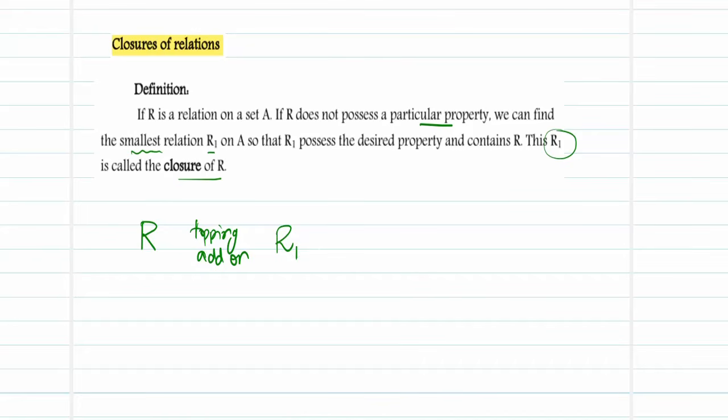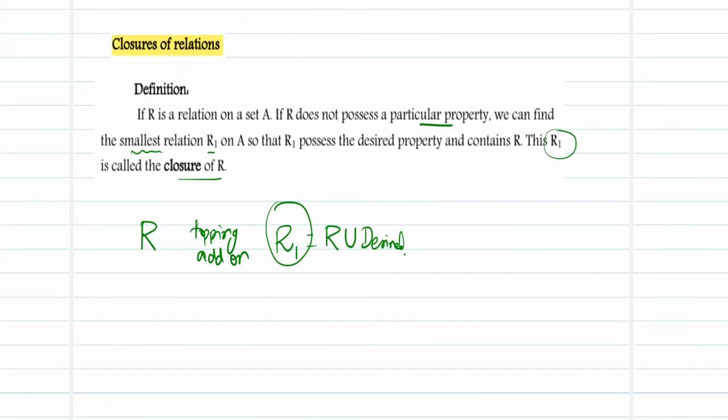This new relation is going to be R1. This R1 is going to be the old relation R plus the desired relation which we want. So this new relation which we get will be called a closure.